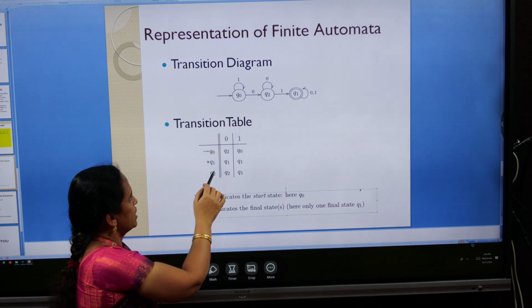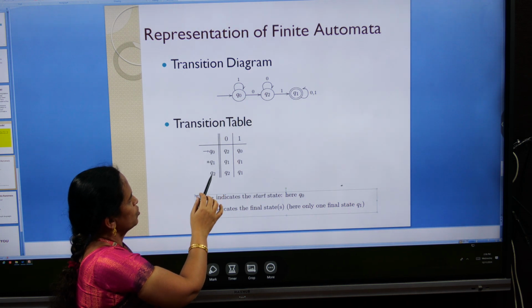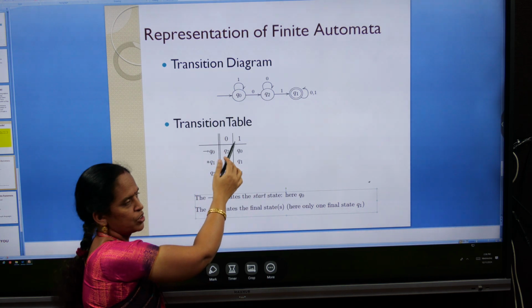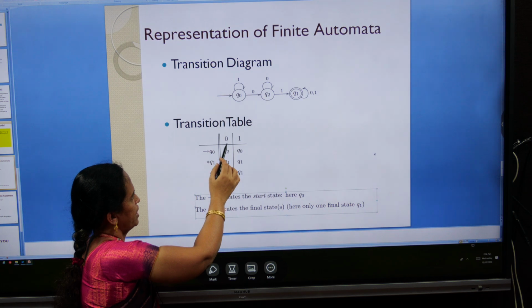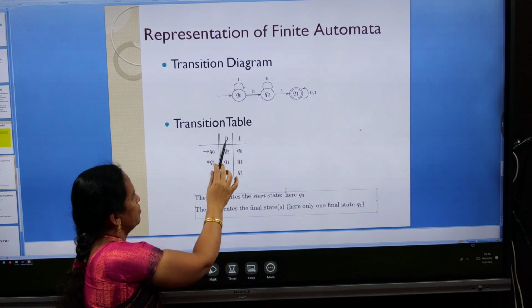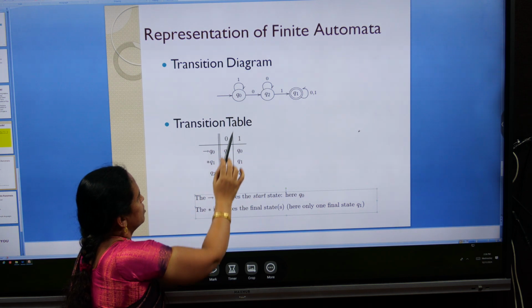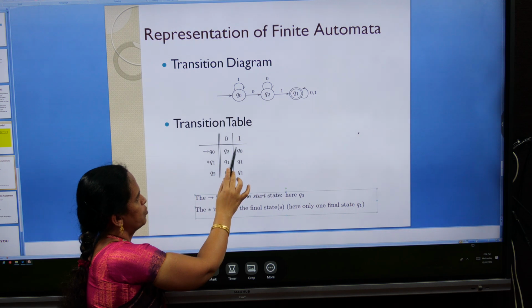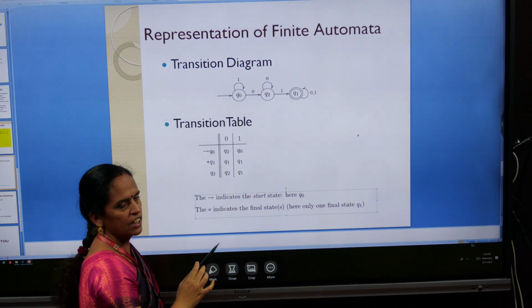Here we have three states, Q0, Q1 and Q2. What are the input symbols used in this finite automata? 0 and 1. For Q0, if we give 0 as input, it moves to the Q2 state. For state Q0, if we give 1 as input, it moves to state Q0.